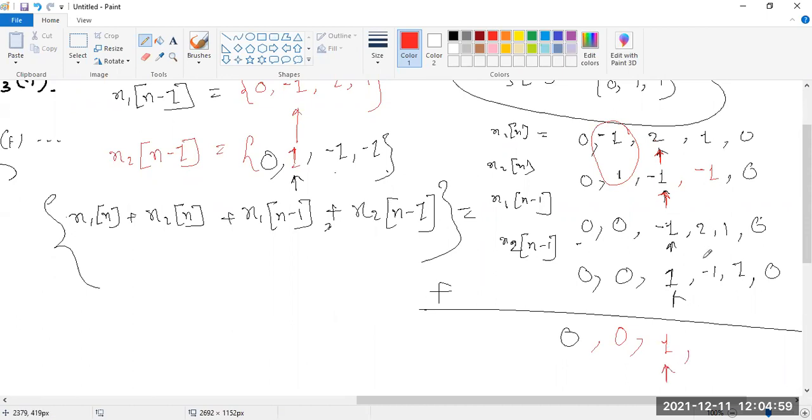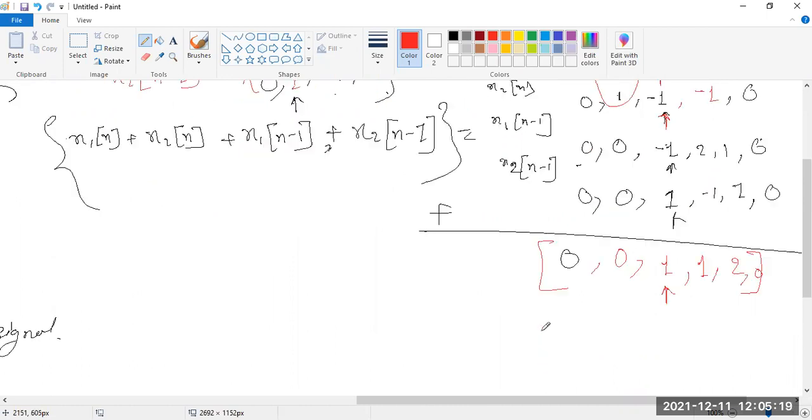It will be the next position. So minus 1 plus 1 is 0, and 2 minus 1 is 1. Here only 1 and 1 remain, so you get this is 2 and this is 0.